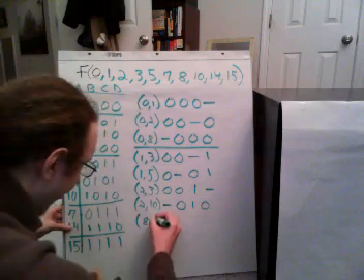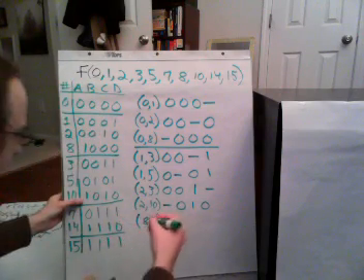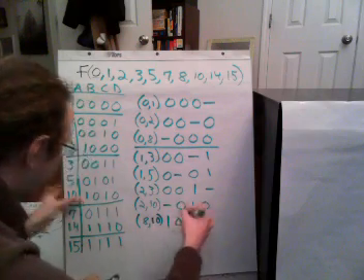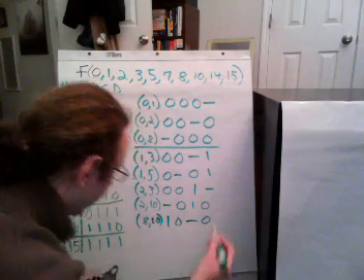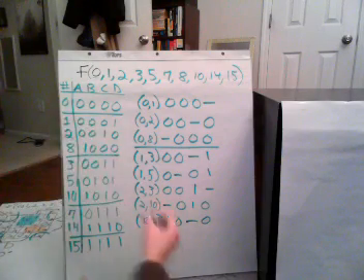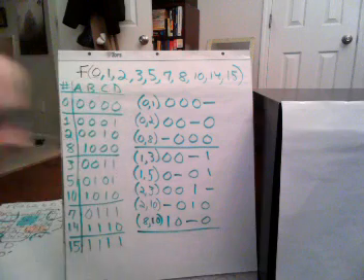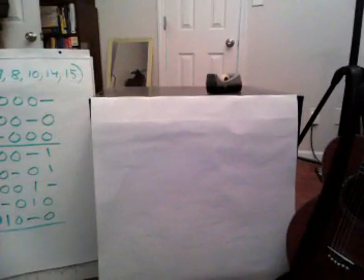So we have 8 and 10 are a match. So we will write 1, 0, and where it changes, of course, we're going to put a dash, 0. So now we are ready to move on from that grouping. Put a line under that. And we can move on to another piece of paper.